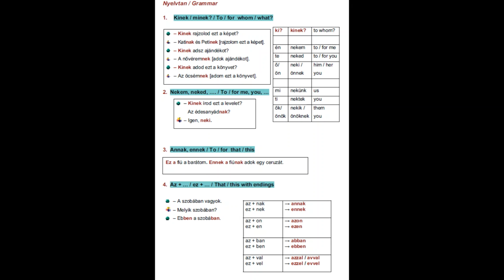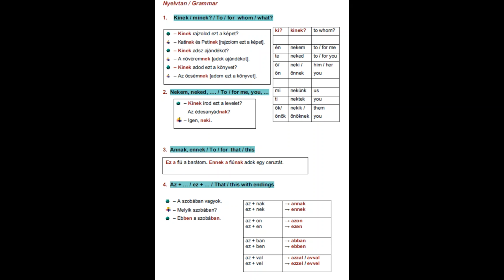Your mother, your sweet or dear mother. Édesanyádnak, remember that nak means to or for, right? It answers the question kinek. Édesanyádnak. Okay, so kinek, to whom, az édesanyádnak, for your mother.